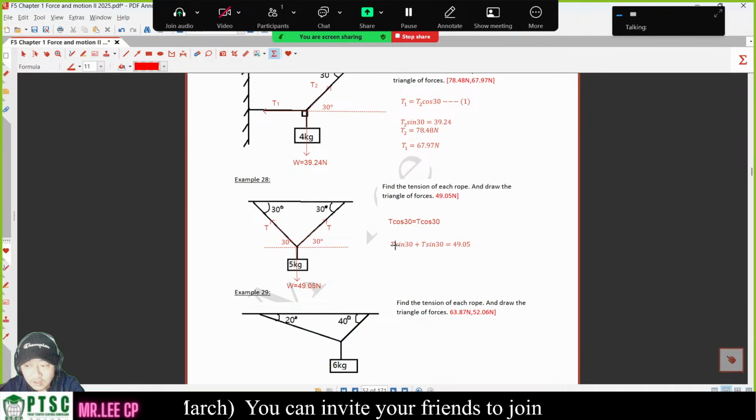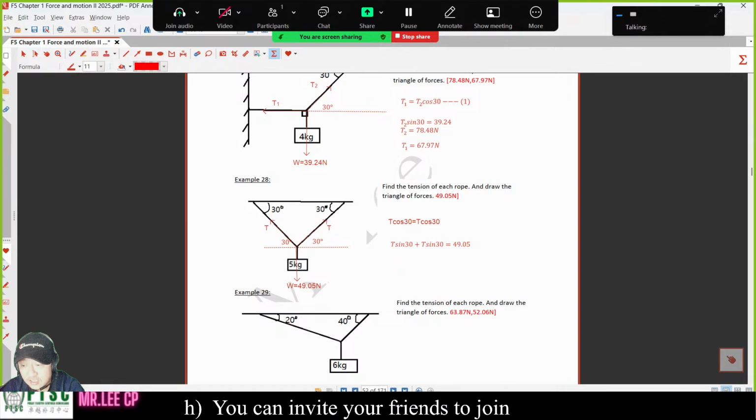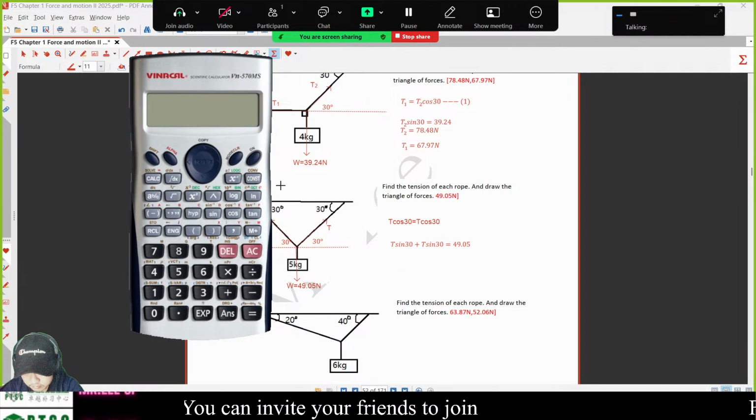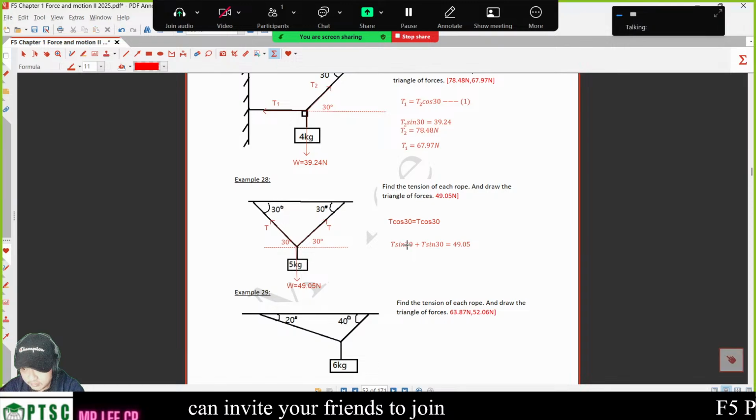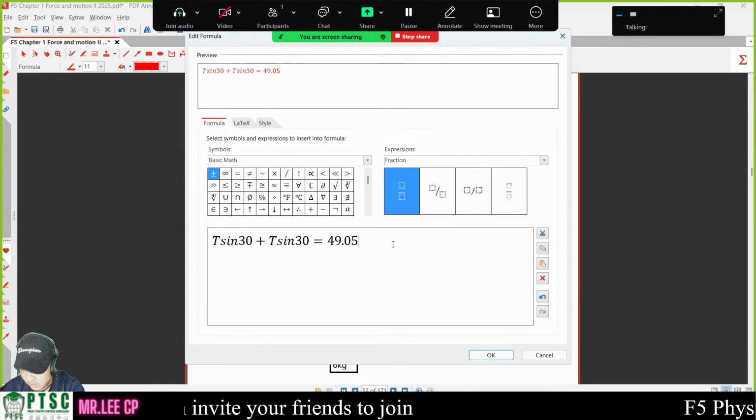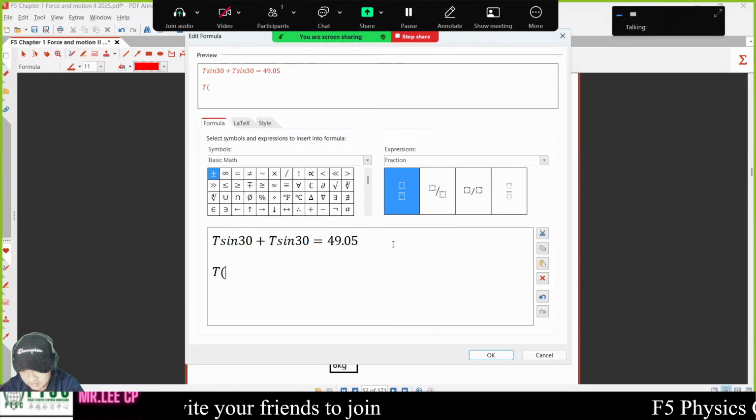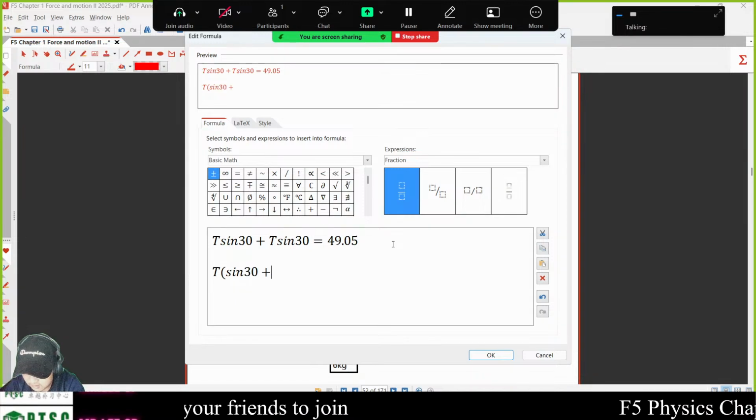So now this T, what do we have? T, I factorize out. So you get sine 30 plus sine 30.